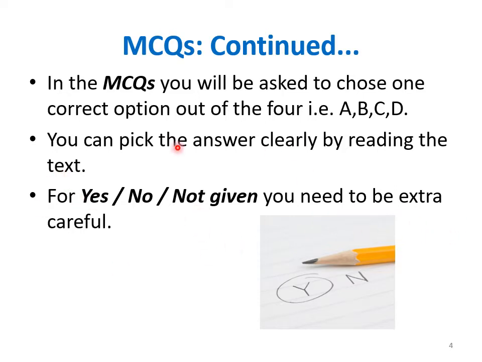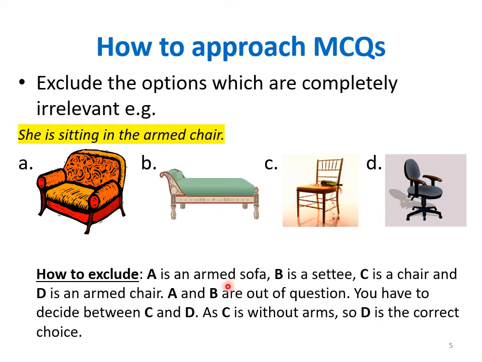This is probably the area which is problematic for some students, but let us see what we do in this presentation. I hope that it will make your life easier. Okay, how to approach MCQs. I've given some examples and their explanation so that you understand. Take each question individually and apply your knowledge and skills to sort it out.